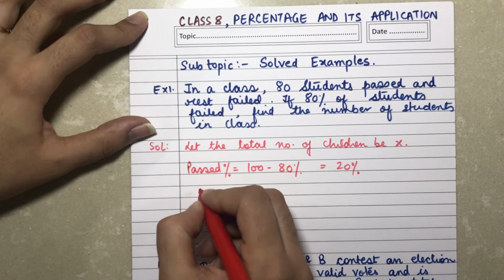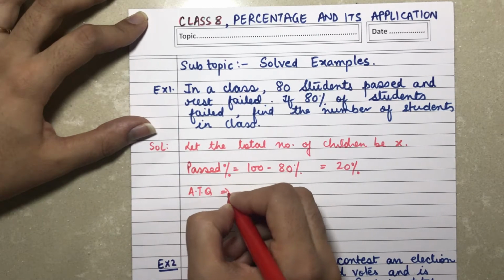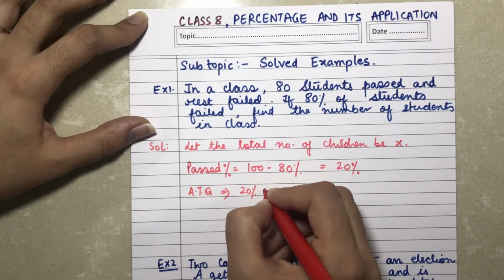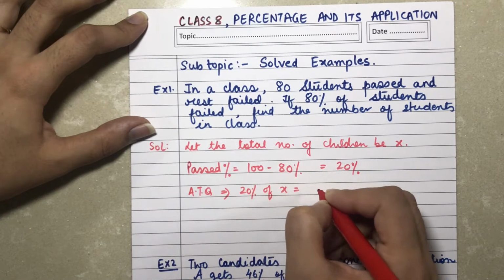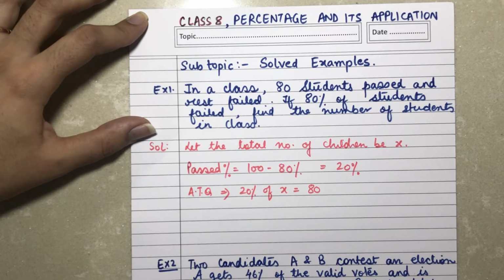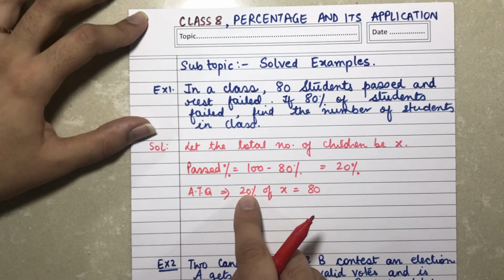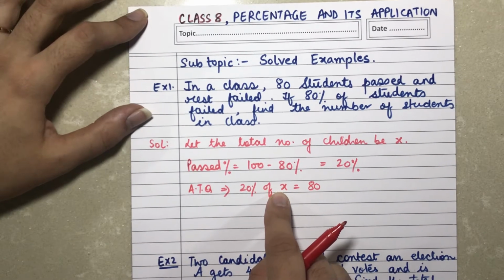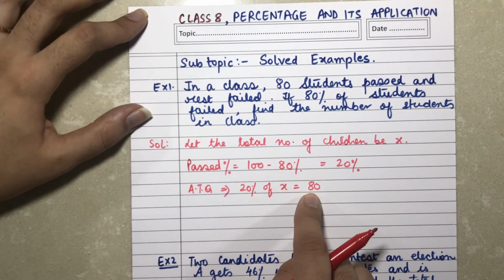So my equation, according to the question, is 80% of the total children have passed. That is, 80% is the pass percent, x is the total number of students, and 80 is the number of children who passed.